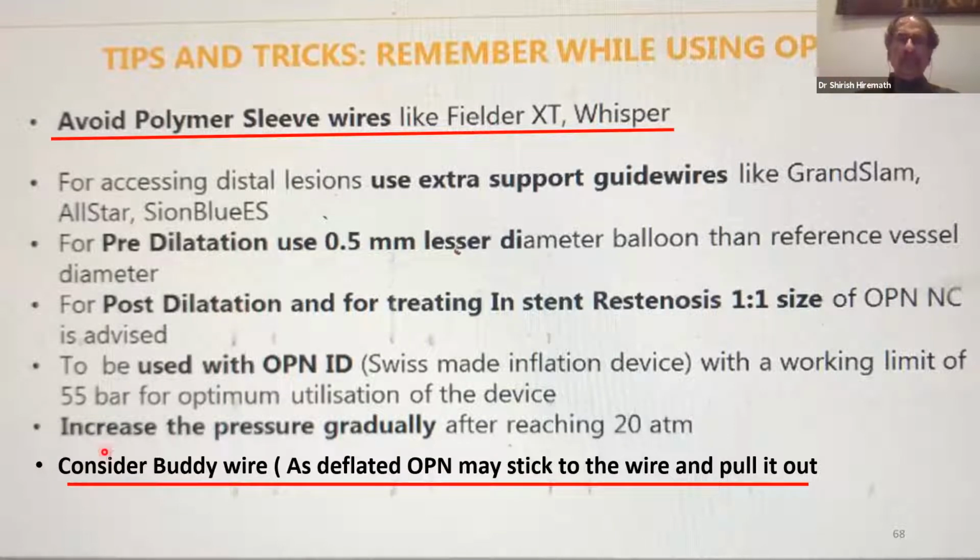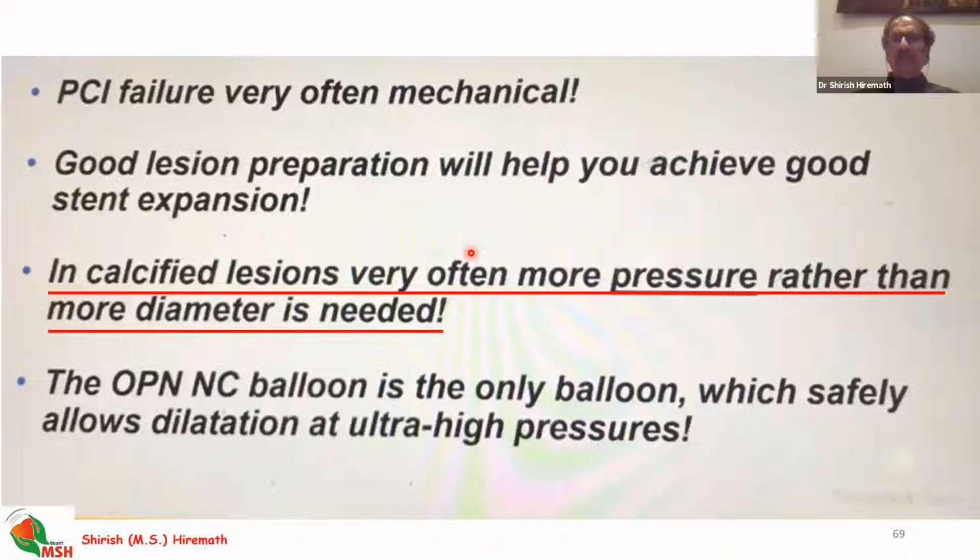So consider putting a buddy wire on the side if the wire which you crossed with a lot of difficulty is a hydrophilic wire. So in calcified lesions, very often more pressure is required than more diameter. So if you have a 3.0 vessel which is not opening up easily, go to a 2.5 OPN balloon and then go high pressure.